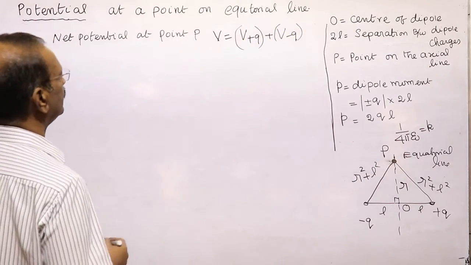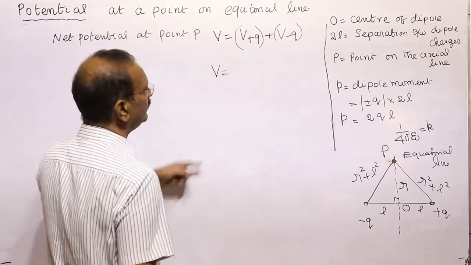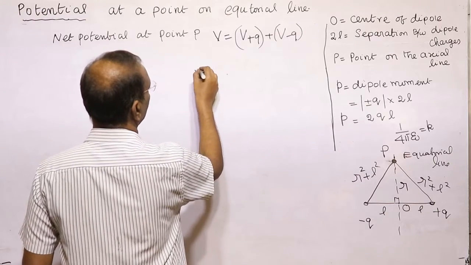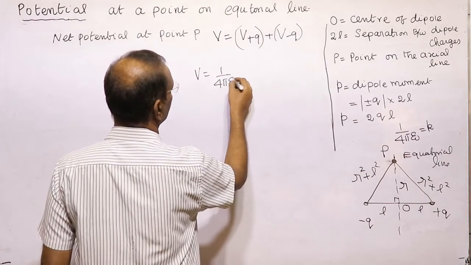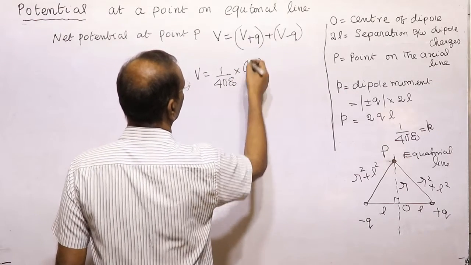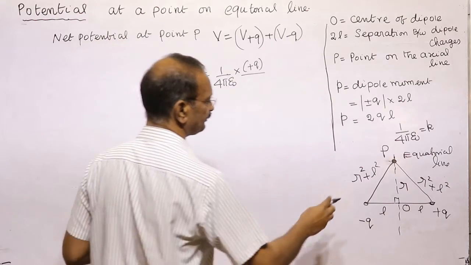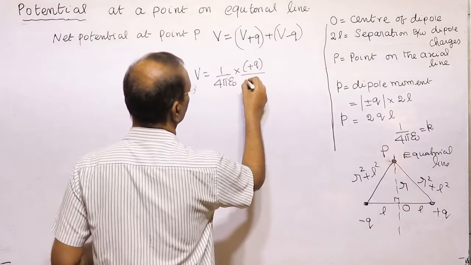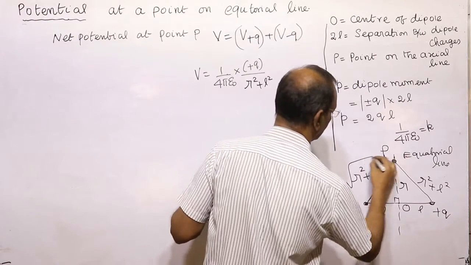V due to plus q is 1 by 4 pi epsilon naught into charge plus q divided by the distance, which is the square root of r square plus l square.